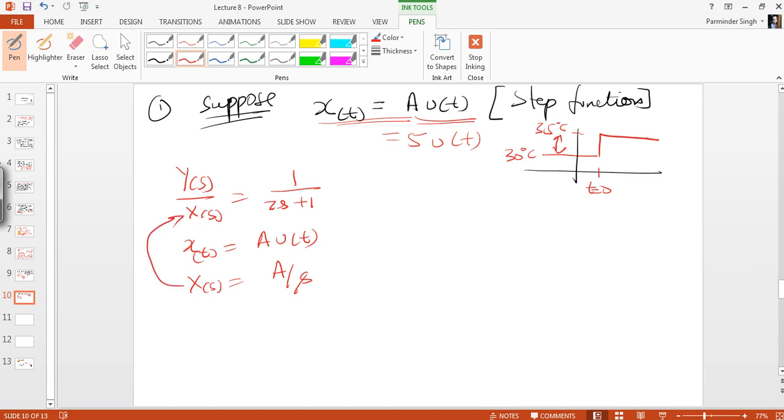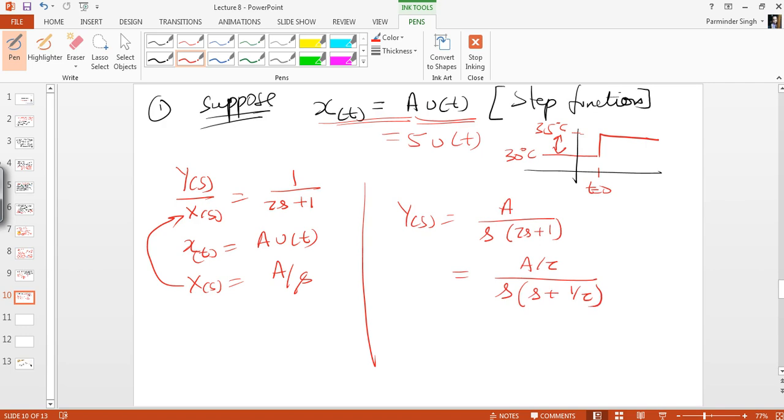So substituting the value of Xs in this, we have Ys is nothing but A by s into tau s plus 1. Clear? I can even further rearrange this. Let me write it in the standard form, A by tau into s into s plus 1 by tau. Now doing the partial fractions, this can be simplified as C1 by s plus C2 upon s plus 1 by tau.